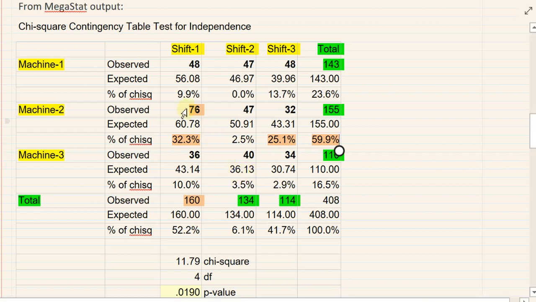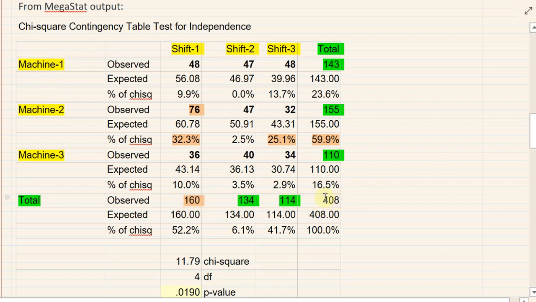So Megastat gives you all of these expected values, and the marginal totals I have in green. So here, 143. In other words, the total during 3 shifts, total rejected handles from machine 1, were 143. Machine 2, 155, and machine 3 is 110. Then the total number of rejected handles during shift 1 produced by all machines, and the totals are 160, 134, 140.